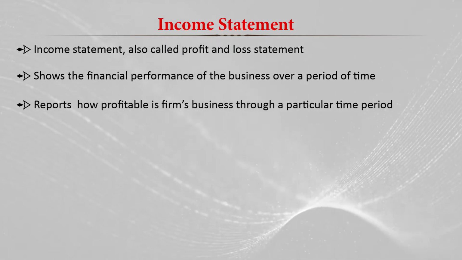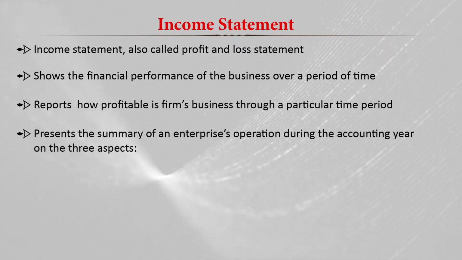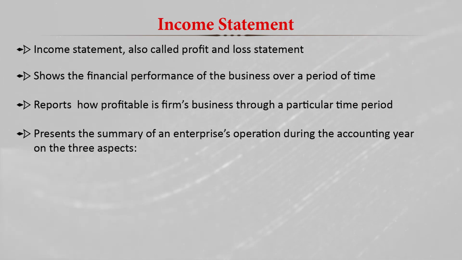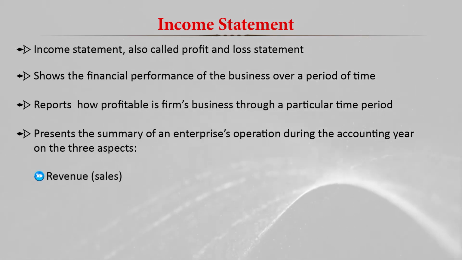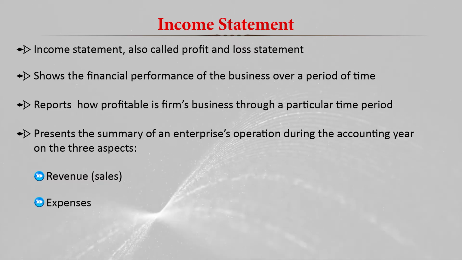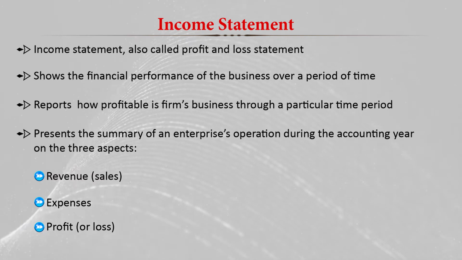It presents a summary of an enterprise's operations during the accounting period on three aspects: revenue, which we can also call sales, expenses, and then profit, or there may be a loss also.